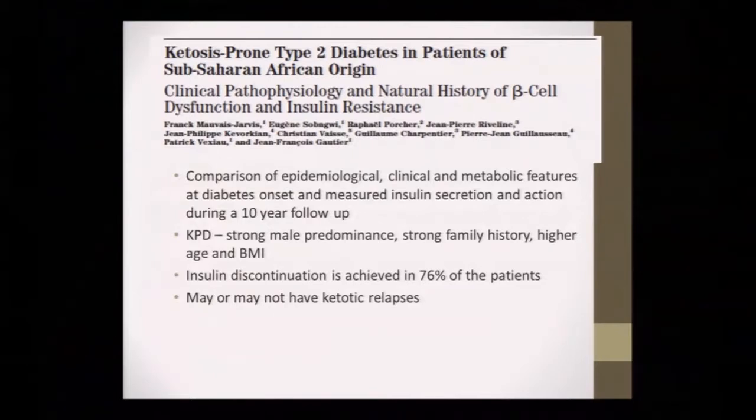Some of the patients that ended up not requiring insulin had like an 80% change in the C-peptide, an improvement in their beta cell function. Like I said, it's dysfunction, not destruction. In type 1, you have destruction, and the cells just absolutely don't work and are not coming back. But in these patients, something makes them stop working for a while, and then they perk back up and start working.